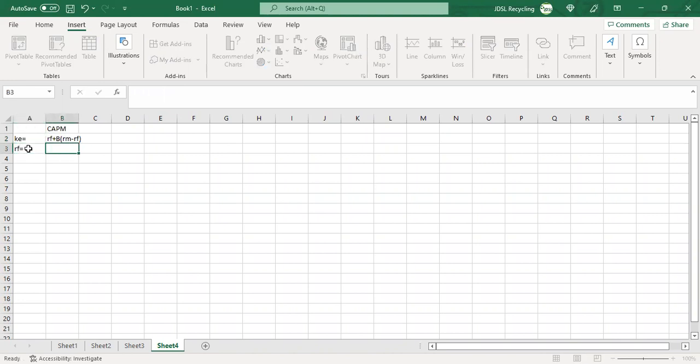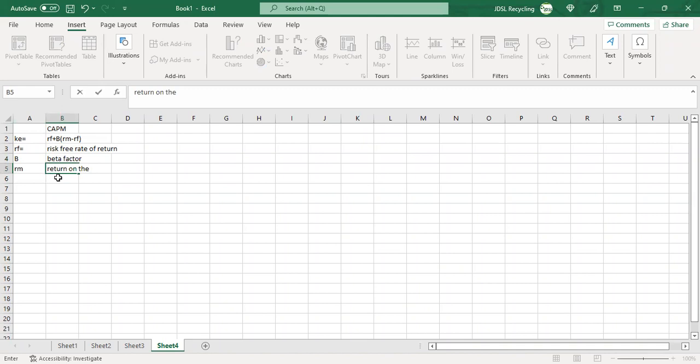RF represents the risk-free rate of return. We have the B, which represents the beta factor. We have the RM, which represents the return. So is that B? Is it normal B?